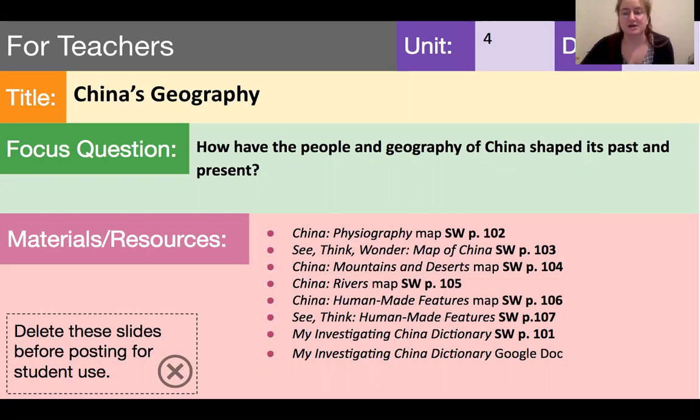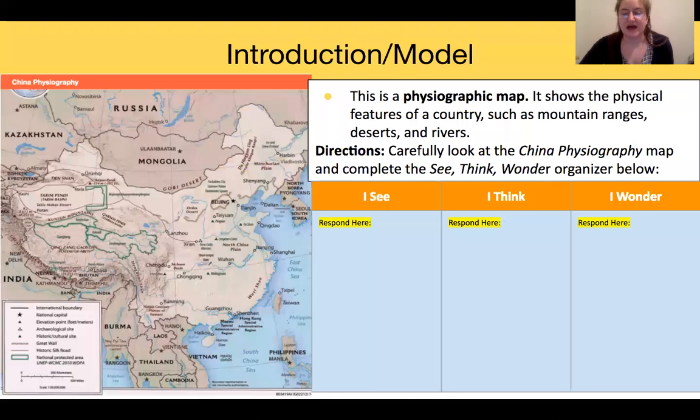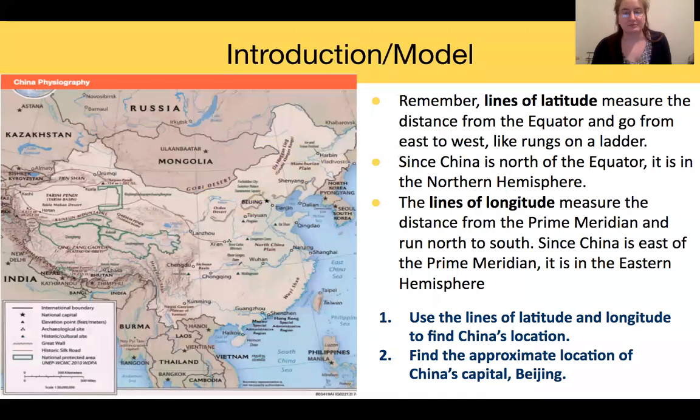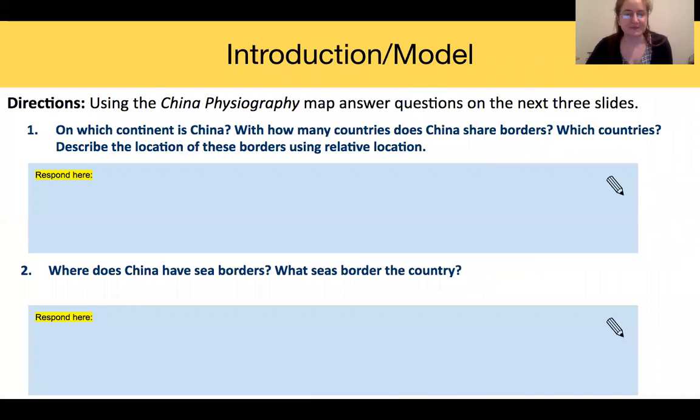Here's a lesson from the China case study. This uses the See, Think, Wonder routine to analyze a physiographic map. It also incorporates some review of latitude and longitude and how we can use lines of latitude and longitude to find locations and to identify places in the world. And then it has kids analyze the map and really think about the country of China and its relative location to other countries and to some bodies of water.